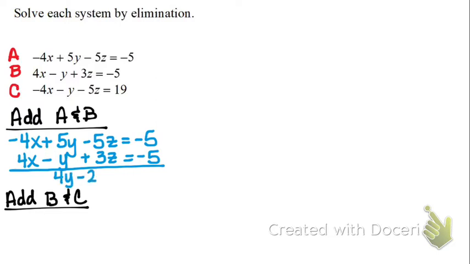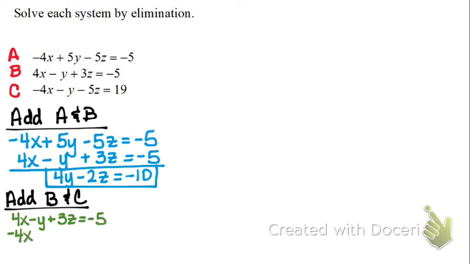4y minus 2z equals negative 10. Did anybody else get that answer? All right, so I'm going to box that up. And now let's add B and C. So when you add B and C, what do you get?